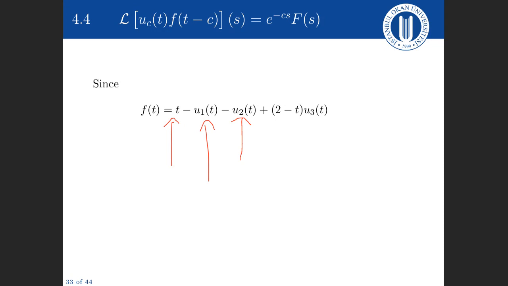We have our formula for the Laplace transform of uc, f of t minus c. But this only works if these numbers are the same. And we don't have that here. We have a 2 and we have a 3. So we're going to need to fiddle with our function just a little bit to make these numbers the same.